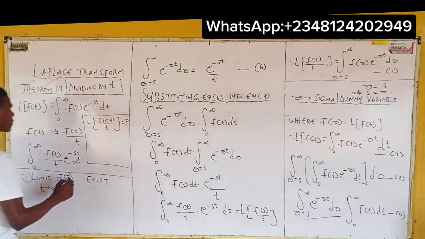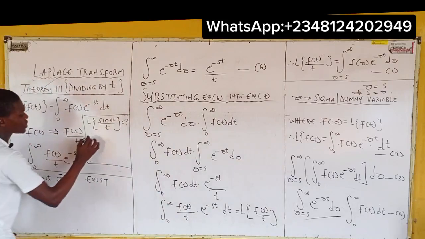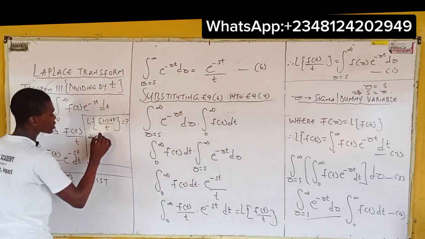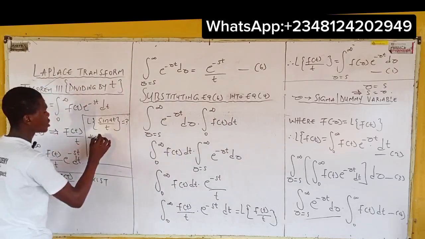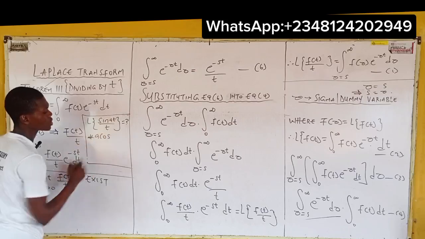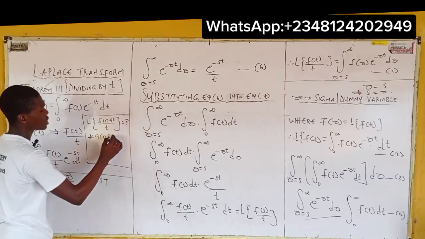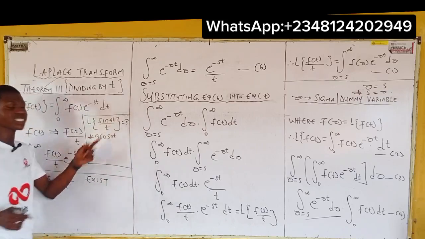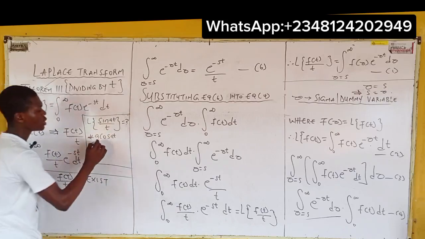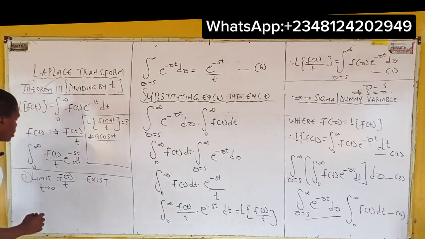So let's differentiate this. Differentiating sine at with respect to t, you have a cos at, right? Differentiating t with respect to t gives 1.